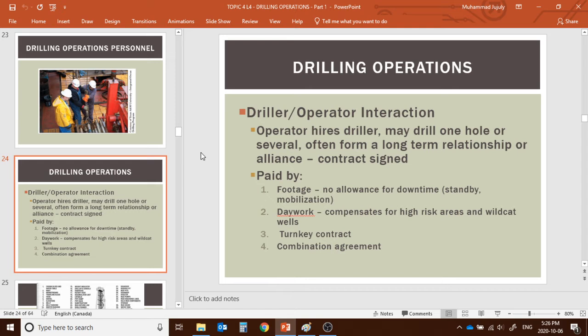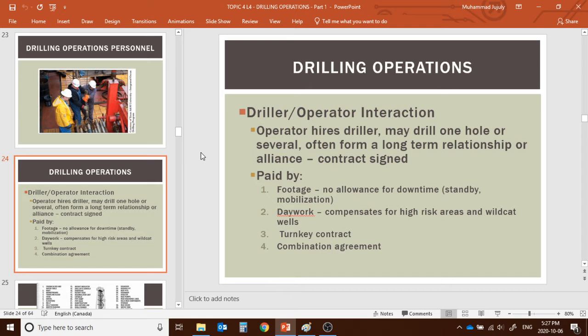It is sometimes riskier for the contractor, because regardless of whether you find oil or not, if something happens outside the contractor's control, making it impossible to drill the well, the contractor can lose money. That's why it's risky.